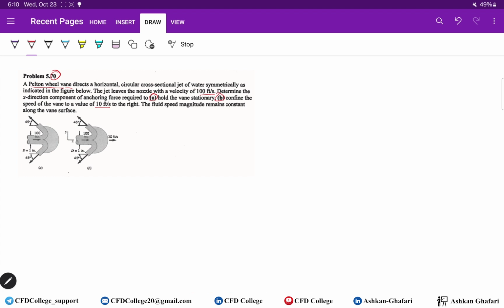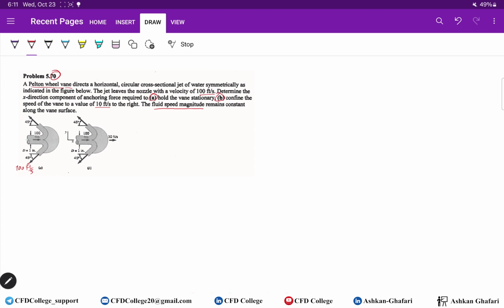Okay, and we have this assumption that the fluid speed magnitude remains constant along the vane surface. So at the inlet we have 100 feet per second, and at the outlet we have again 100 feet per second, but it's inclined and we have to be careful.